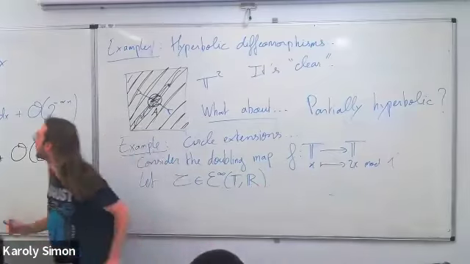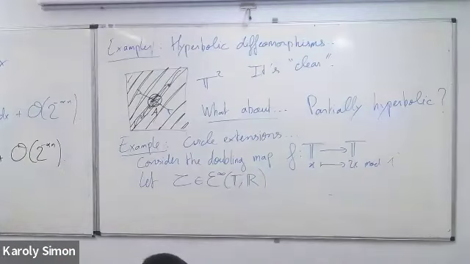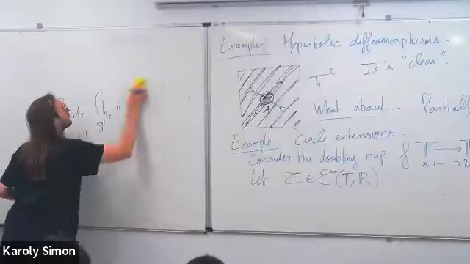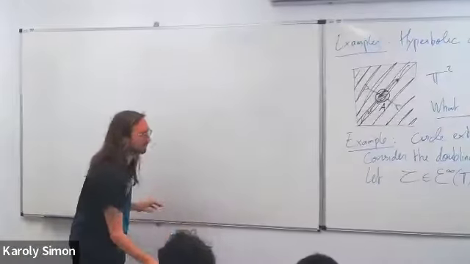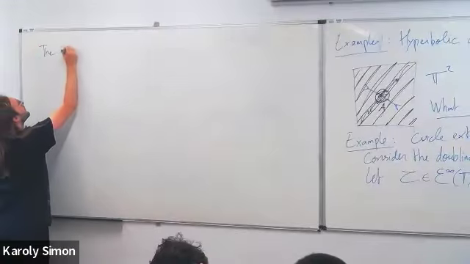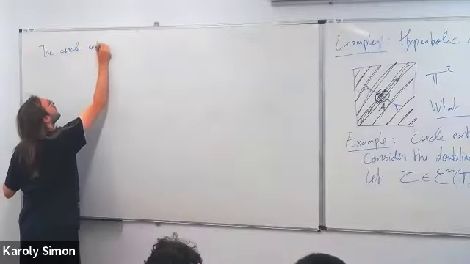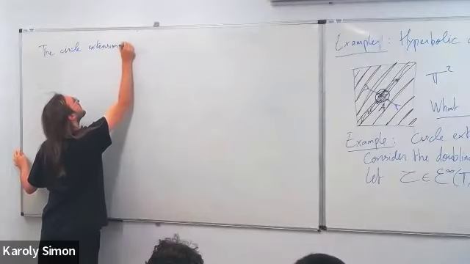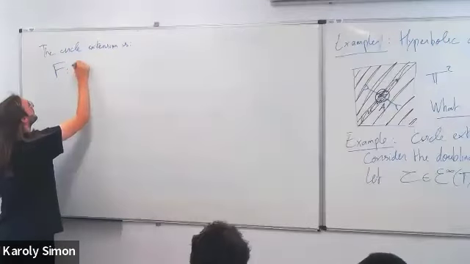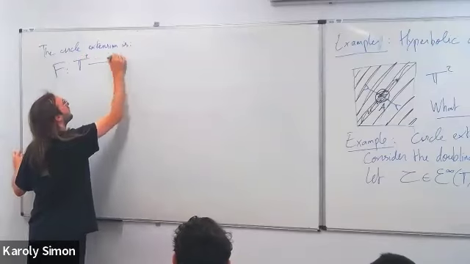And then the circle extension is going to be a skew product of the expanding map and of the rotation by tau of x. The associated circle extension, let's call it F, goes from the 2-torus to itself.